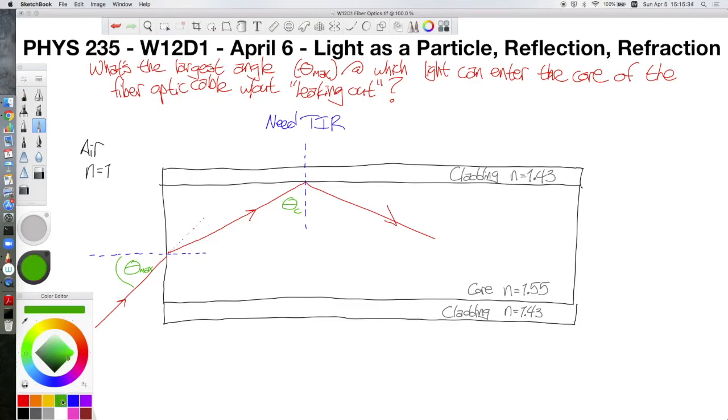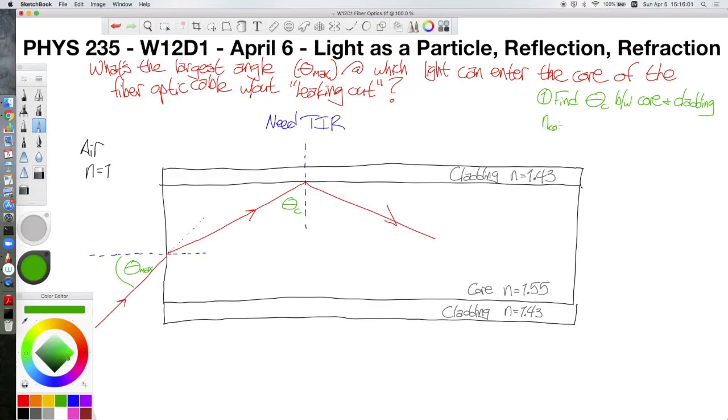So the first thing we need to do is find the critical angle between the core and the cladding. That looks like dadding, but it's really cladding. So using Snell's Law, the two sides of our Snell's Law equation will be the core side and the cladding side.